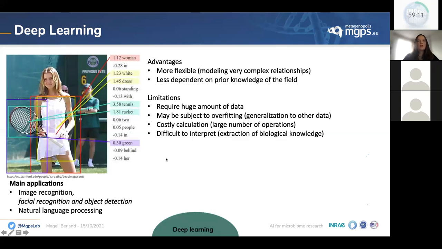So the advantages of such a method is that it's very flexible to model a complex relationship, and it's not that dependent on prior knowledge of the field. For example, for picture modeling, you do not need to provide other information than the picture itself.